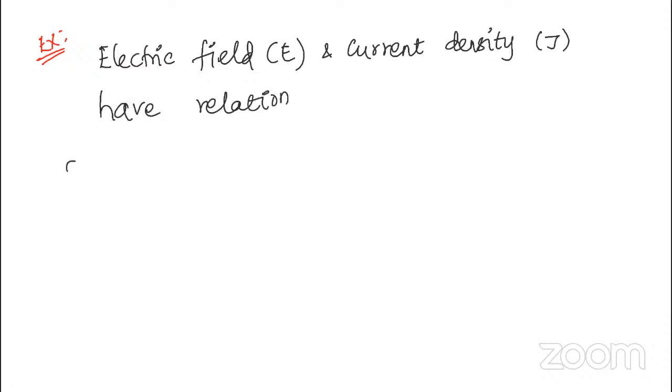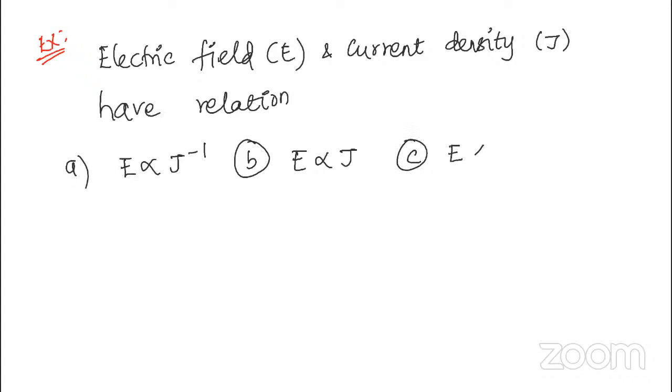Option A, E is directly proportional to J to the power minus 1. Option B, E is directly proportional to J. Option C, E is directly proportional to J square. Option D, E square is proportional to 1 by J. Tell me the correct option.